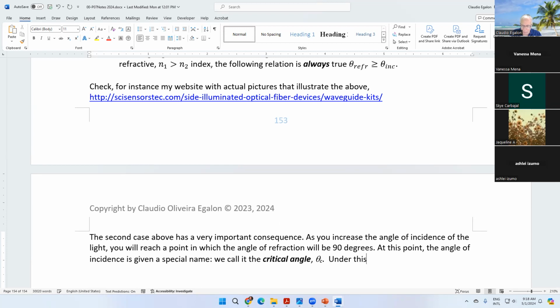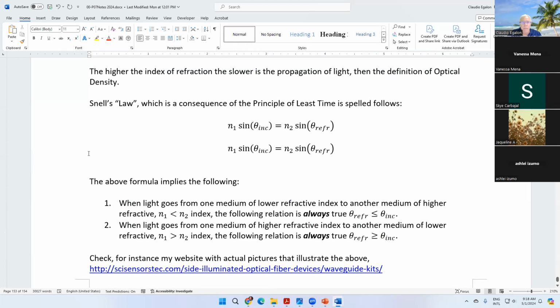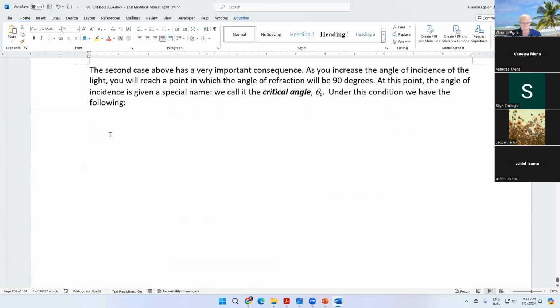Under this condition, we have the following. We were using Snell's law here, right? For theta incident equal to theta critical, what does it imply?